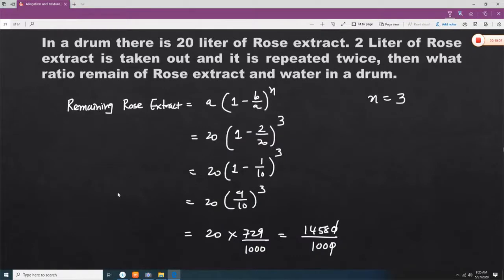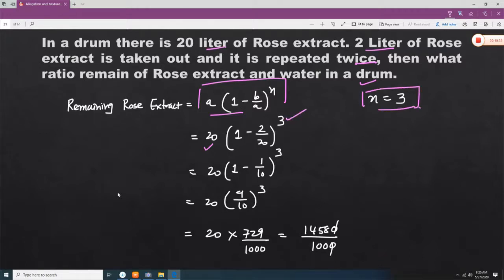In a drum there is 20 liters of rose extract. 2 liters of rose extract is taken out and it is repeated twice. Then what is the ratio of remaining rose extract and water in the drum? So the remaining rose extract is, this is the equation that we normally follow. 20 liters is the rose extract, and we are going to take out 2 liters, and we are going to take it out thrice.